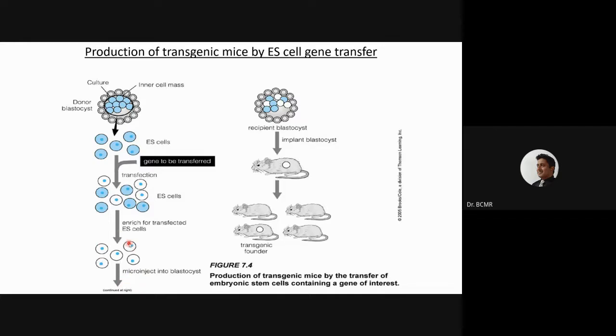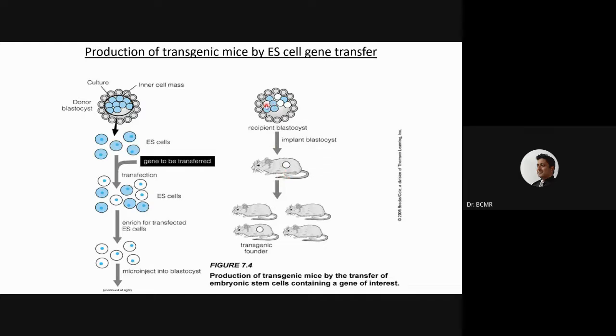Here, these are only cells, and they are pluripotent. They cannot give rise to a complete organism. So what happens is we take these cells and put them into a recipient blastocyst. And we will implant this blastocyst into a pseudopregnant female, and we would get a chimera, right?